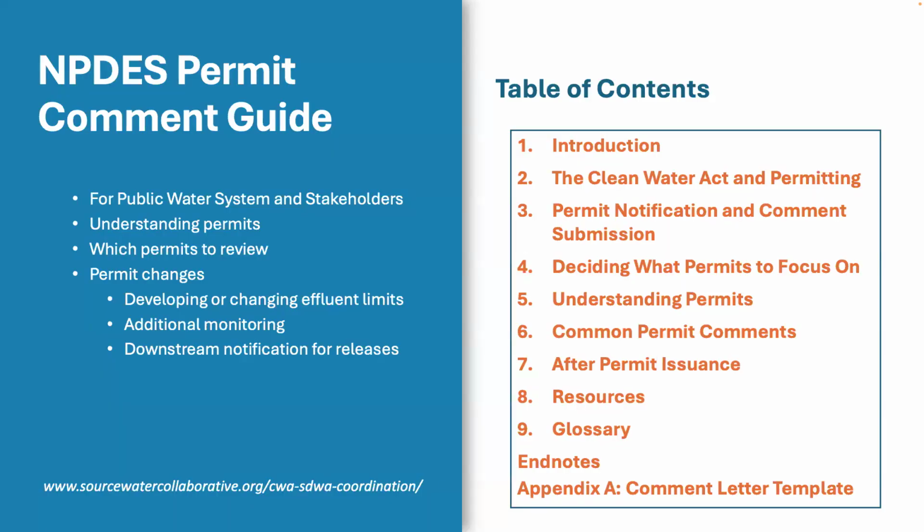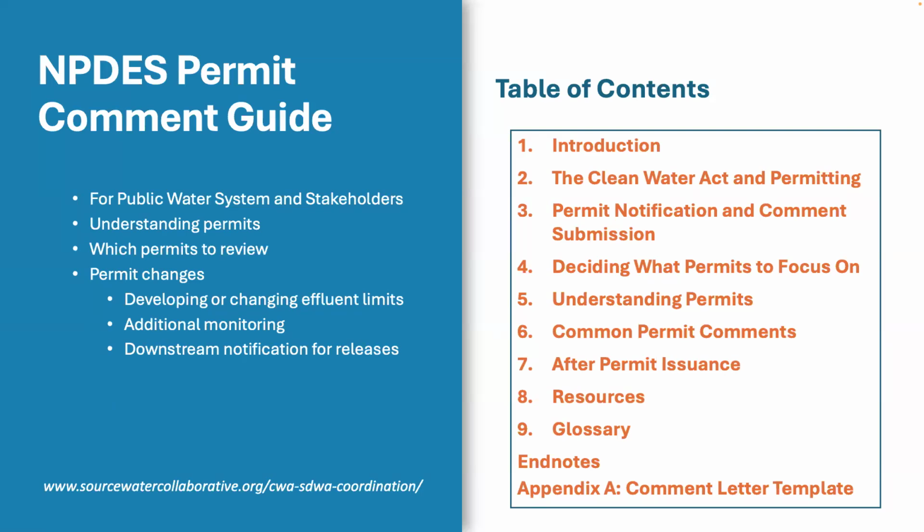So this slide shows an overview of the purpose of the guide and also shows the table of contents. It is for providing comments on any type of NPDES, or National Pollutant Discharge Elimination System, permit under the Clean Water Act. It provides information for addressing any contaminant that has the potential to impact drinking water sources, including PFAS.